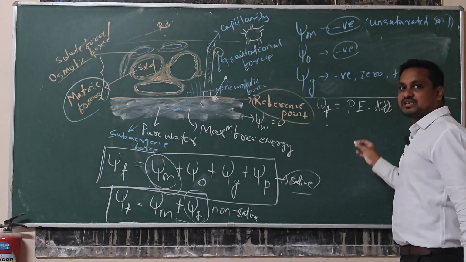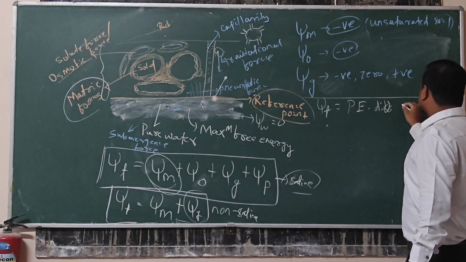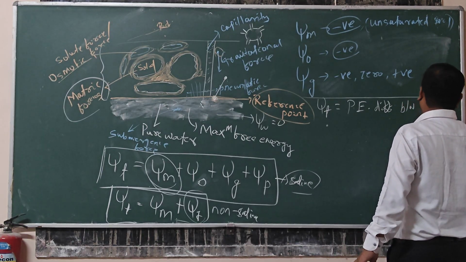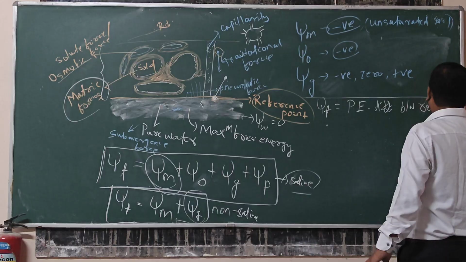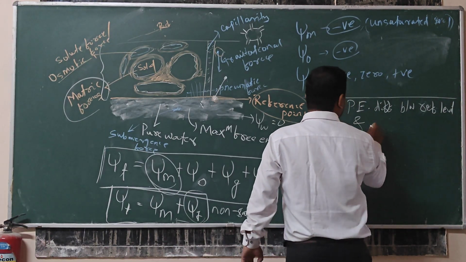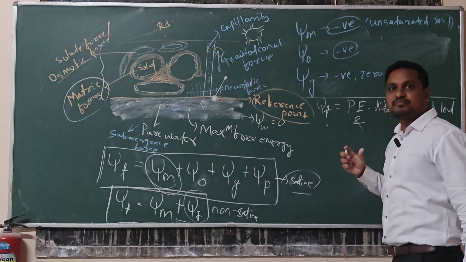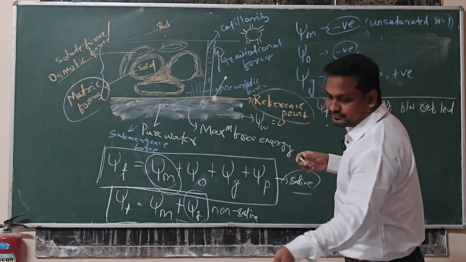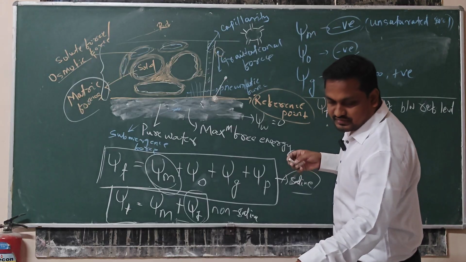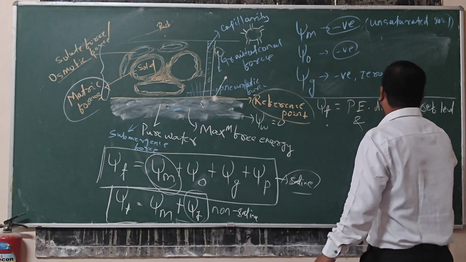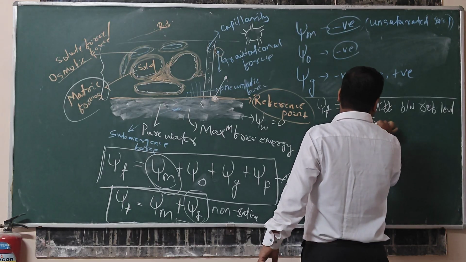In terms of energy, I am saying the potential energy difference between a reference level and the given point. You can say this is the potential energy of pure water between a reference state and that of soil water.